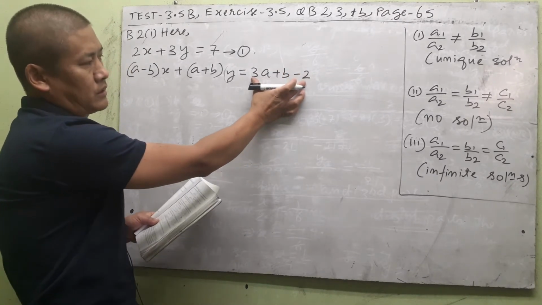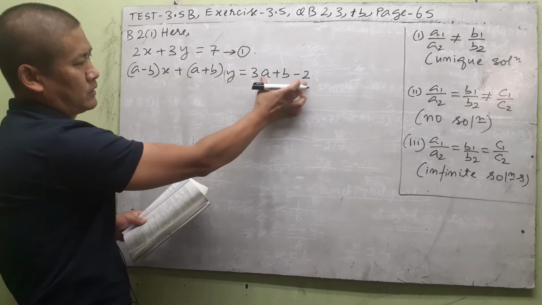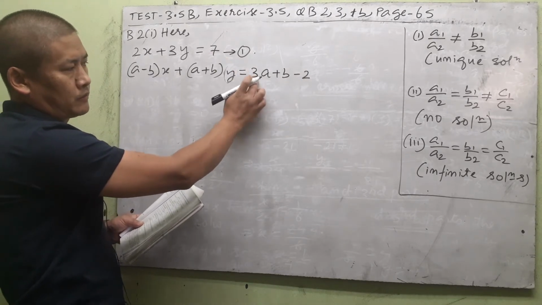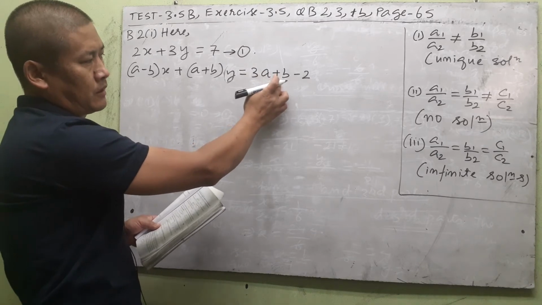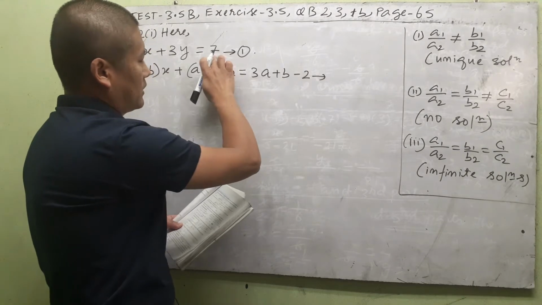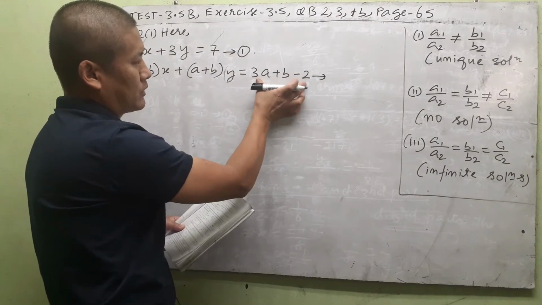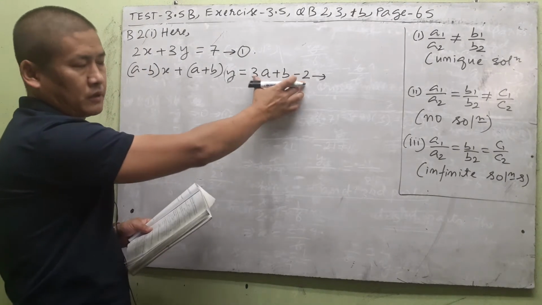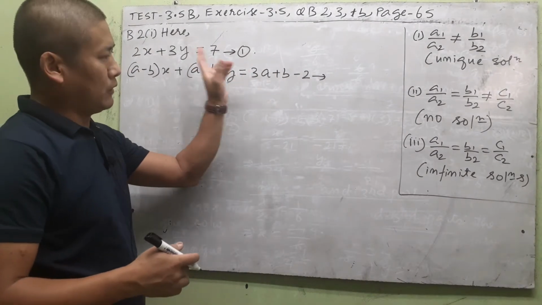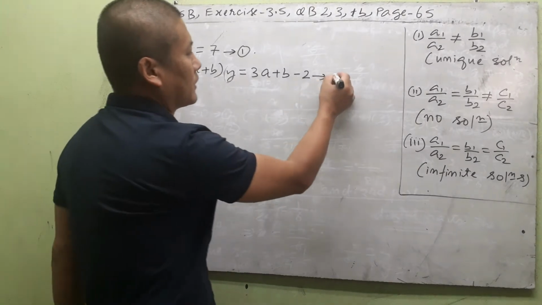This one has no x or y, so this is C2. C1 is plus 7 and C2 is 3a plus b minus 2, the whole thing. So C1 plus 7 on the right side, C2 which is 3a plus b minus 2 is also on the right side, so that's fine. Both on the right is fine; one on left and one on right will cause problems in solving.